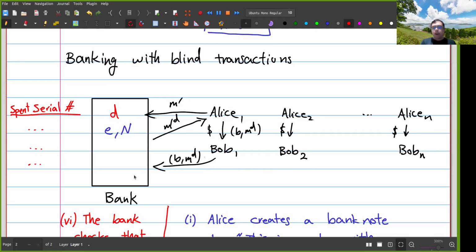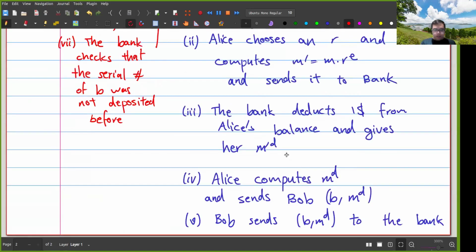But as the bank, I don't know which withdrawal corresponded to which deposits. Right? So we have perfect privacy here, in the sense that all I know about, let's say, Bob 2 is that he's depositing $1. So he should have gotten that $1 from one of the Alices, but I don't know which one. Okay. So this is how I'm getting the privacy.